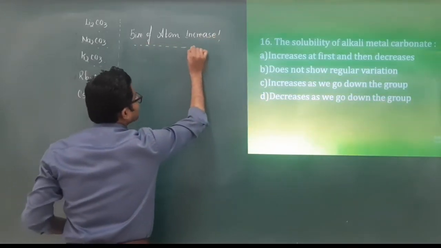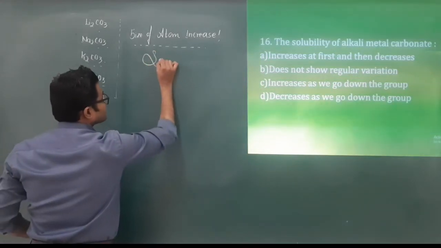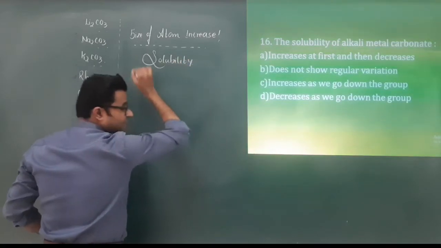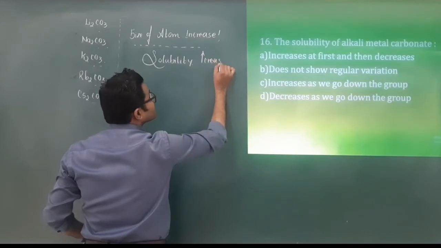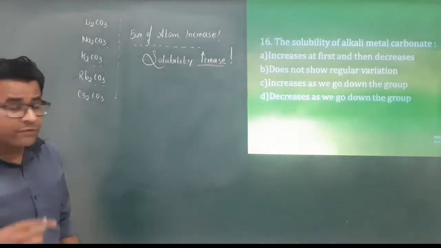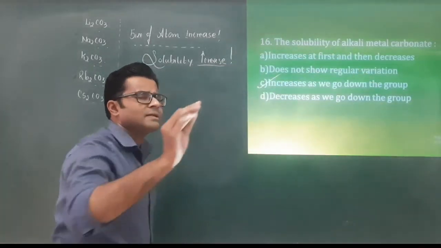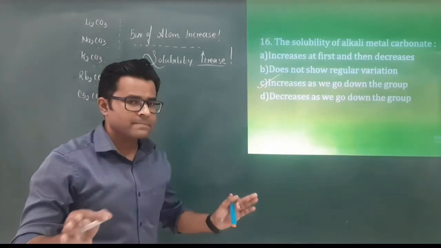As the size of the atom is increasing, the solubility has a direct effect, and the solubility is going to increase. So therefore, the solubility actually increases going down a particular group. So the option is C.